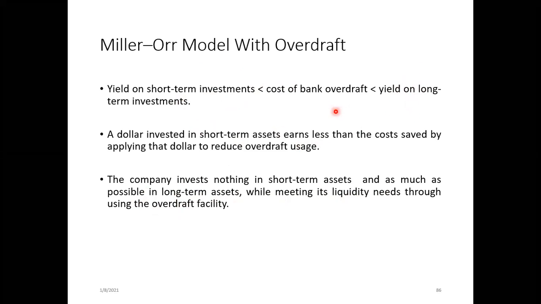But at the same time, if you face a cash deficit, you can go for a bank loan, because when you get a bank overdraft, the interest we have to pay is less than the long-term yield. Say for example, if you get the bank overdraft, we have to pay 8%, but you already invested in long-term investment, say paying 10% interest.